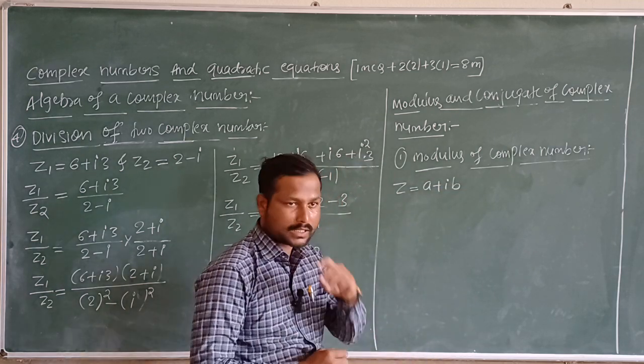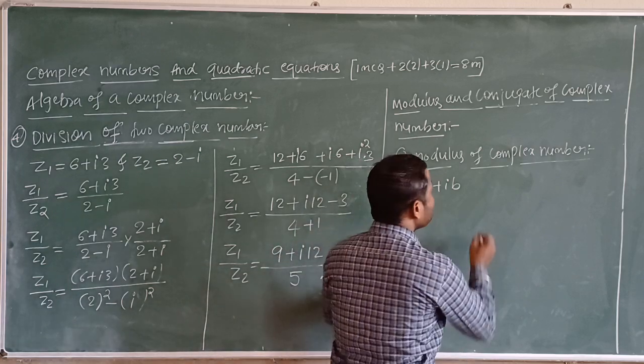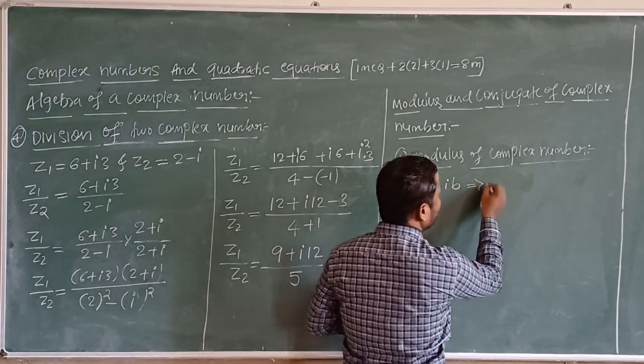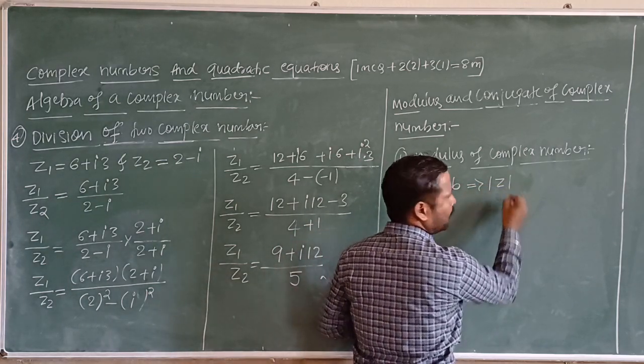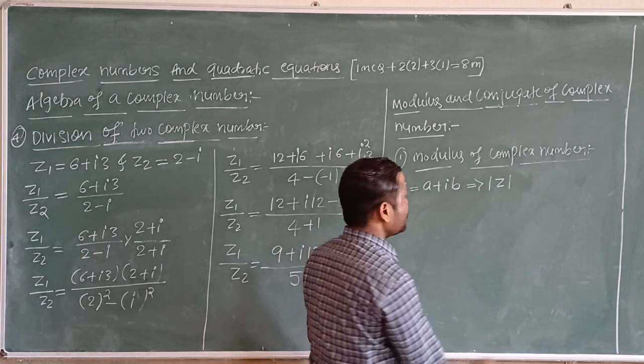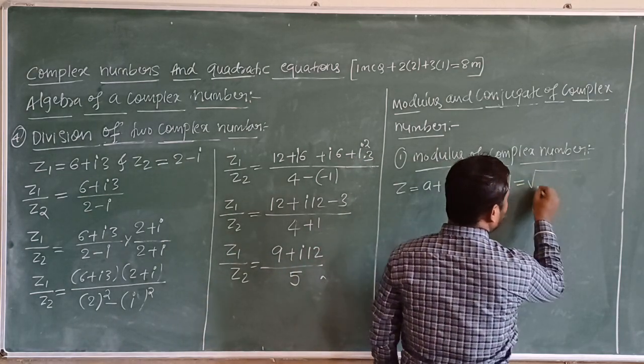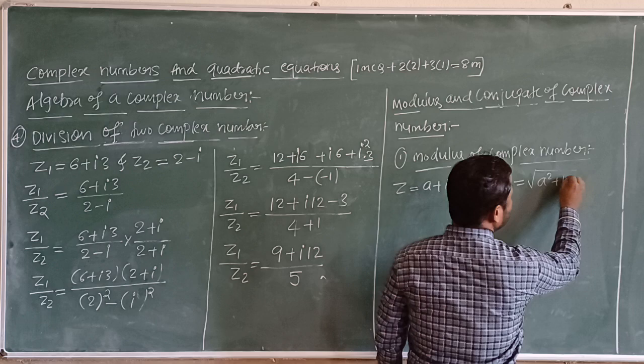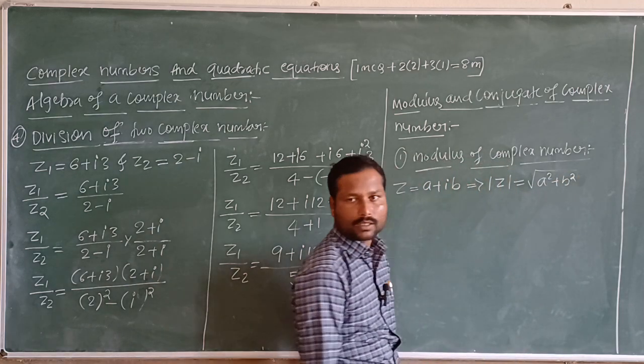How do we write its modulus? The modulus is denoted by modulus of Z. Modulus of Z equals the formula square root of a square plus b square.